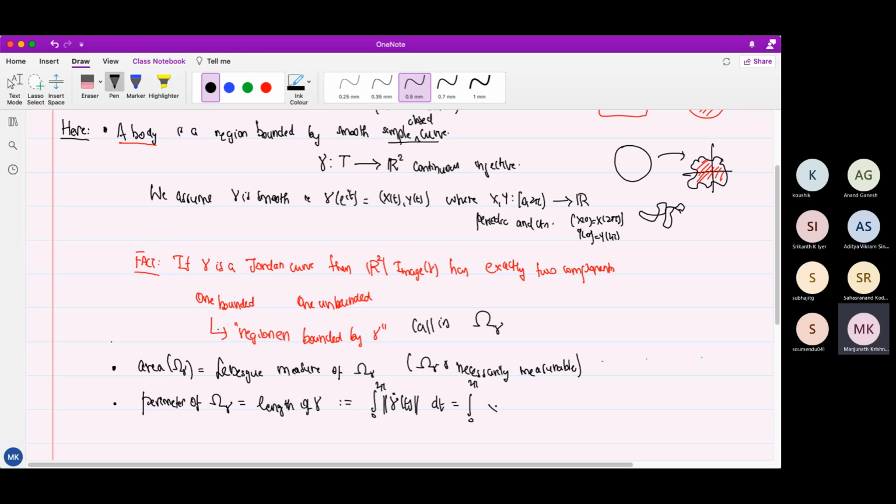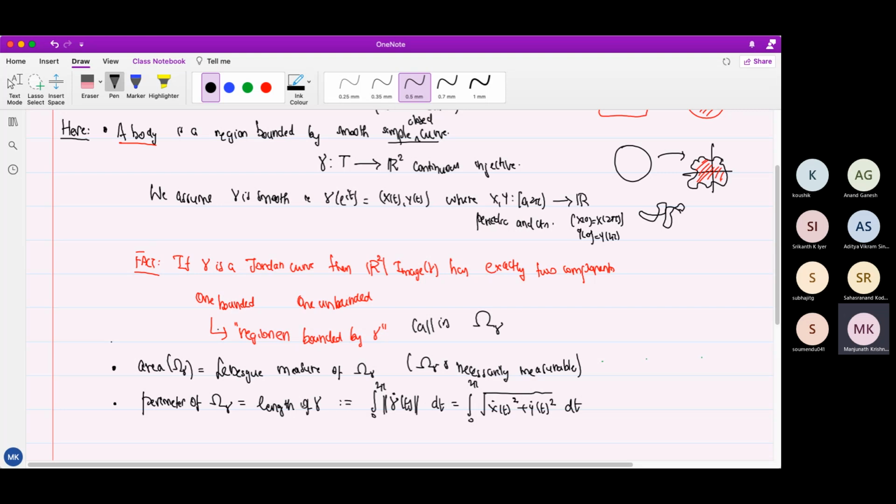Gamma dot of t is nothing but x dot of t, y dot of t. So the length will be the integral of the square root of x dot squared plus y dot squared dt. This is our definition of the length of the boundary.